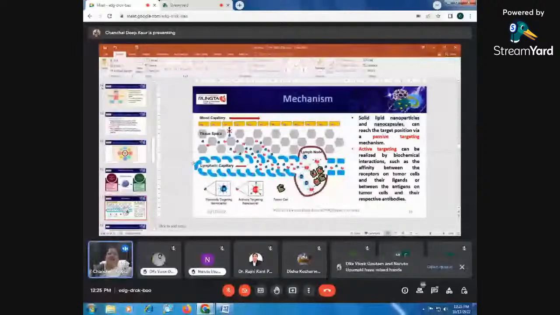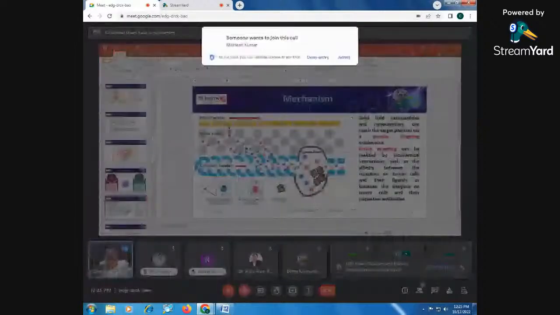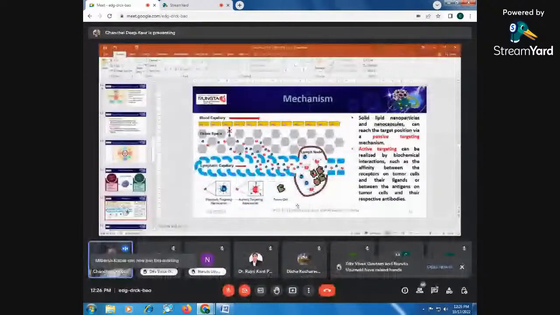So here you can see that the nanocarrier is in the lymphatic components, and it will release the drug there. For example, in the case of AIDS, where HIV virus is present, those drugs will go and kill the viral infection. So you can see here that by passive targeting as well as by active targeting, we can achieve this lymphatic targeting.